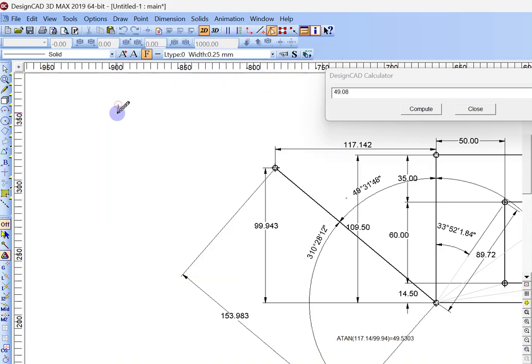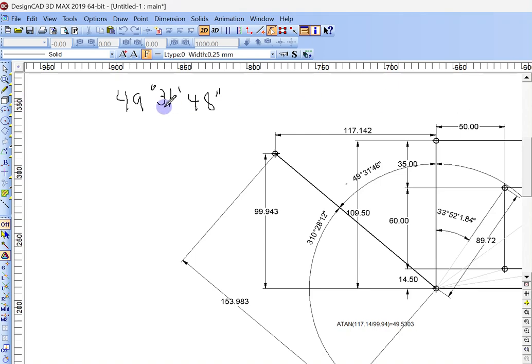So 49 degrees, 31 minutes, and 48 seconds. 49 plus 31 minutes is 31 60ths. So 31 divided by 60.